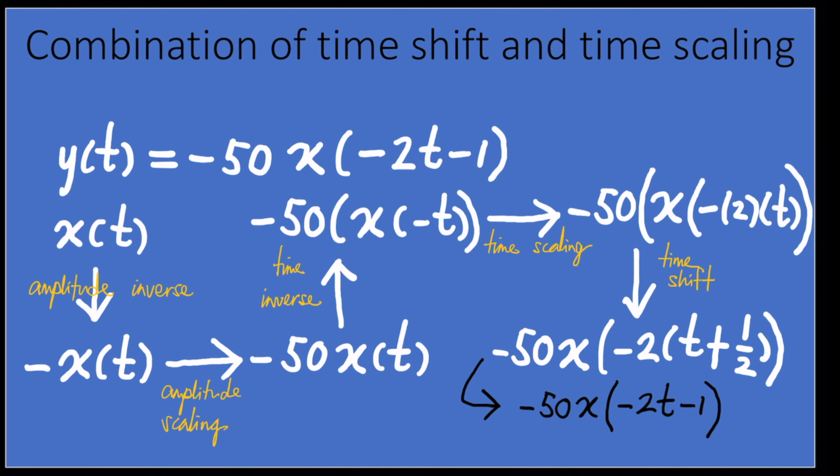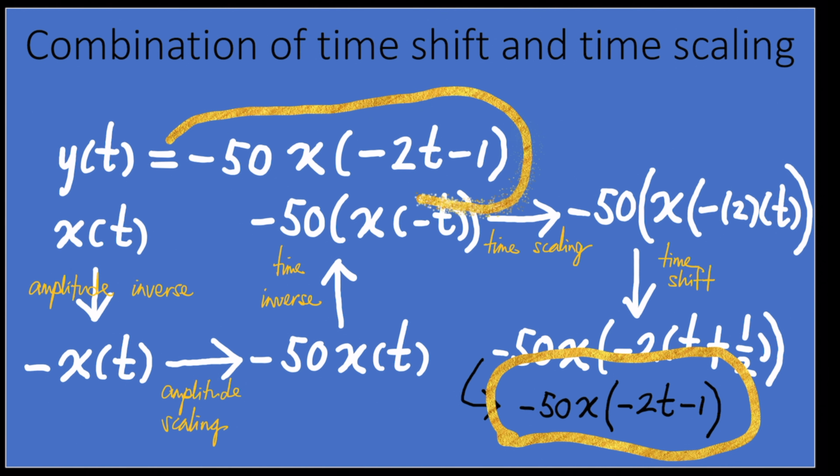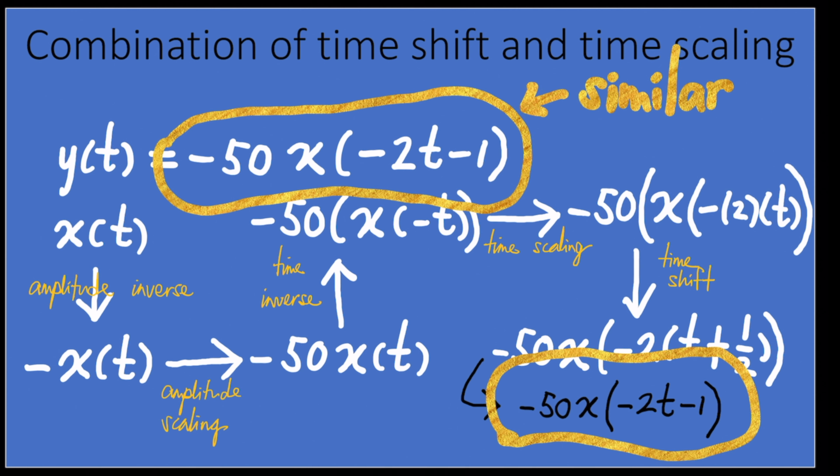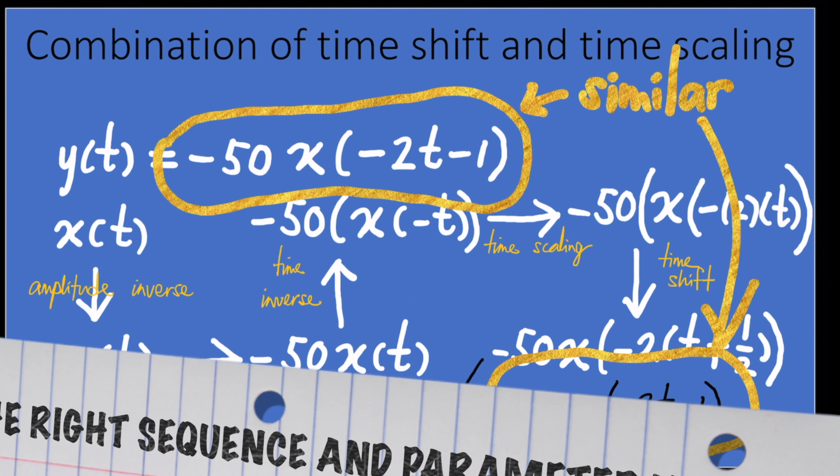By doing this small adjustment, this sequence of operations will produce minus 50 x(minus 2t minus 1), which is exactly the same as what the question wants. So these two are similar. Then we can use this sequence and the parameter values to find y(t).